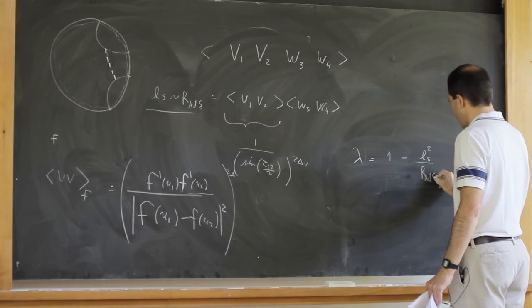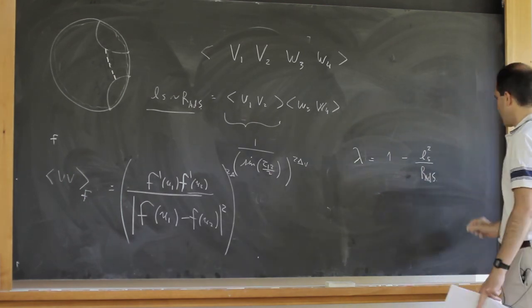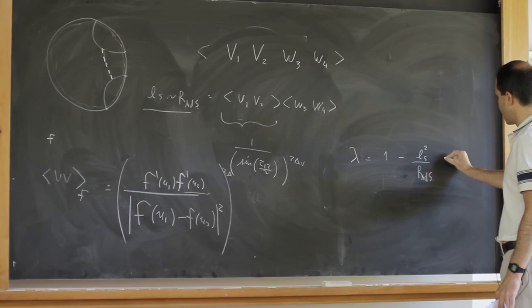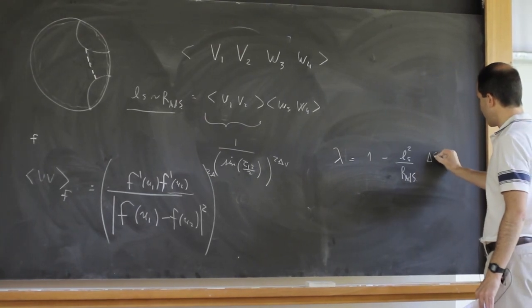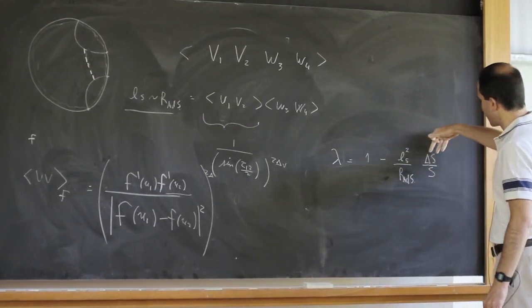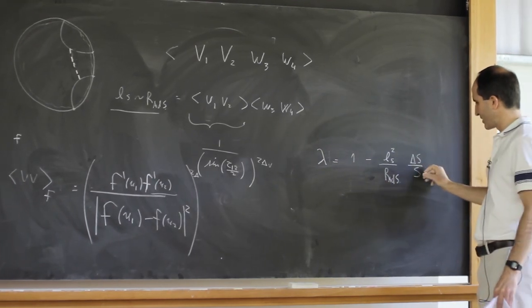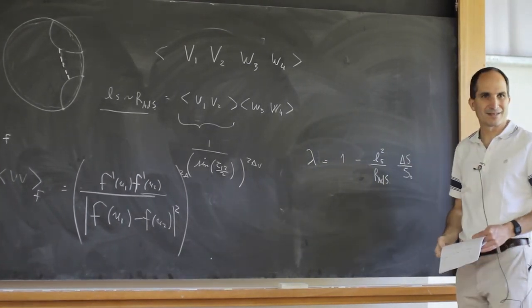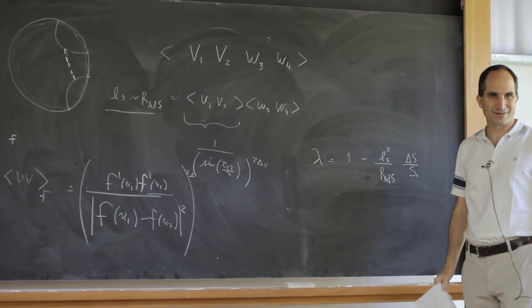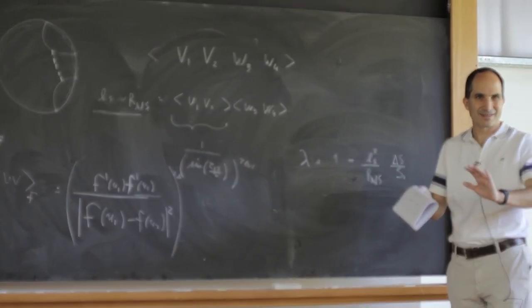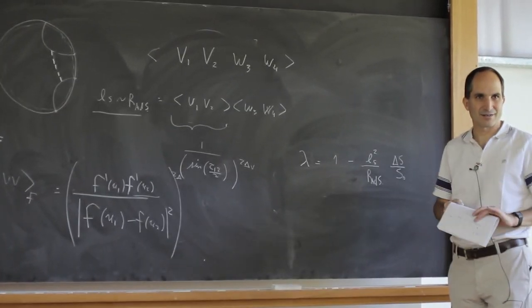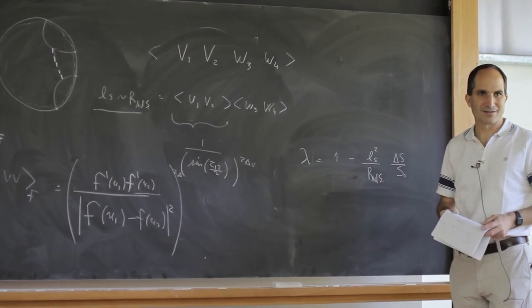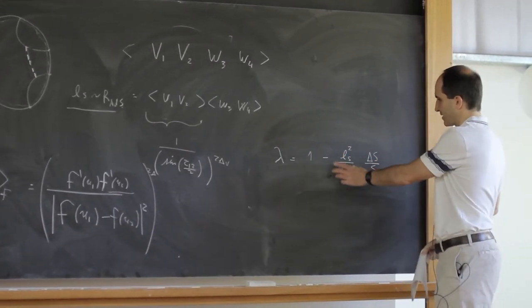This would be the naive guess. But it turns out that there is a further term that I'm going to call delta S over S0, where delta S is the near extremal entropy and S0 is the entropy of the extremal black hole. So there's an extra suppression factor. This is just by computing straightforwardly the string correction for a near extremal black hole. So you find this expression.